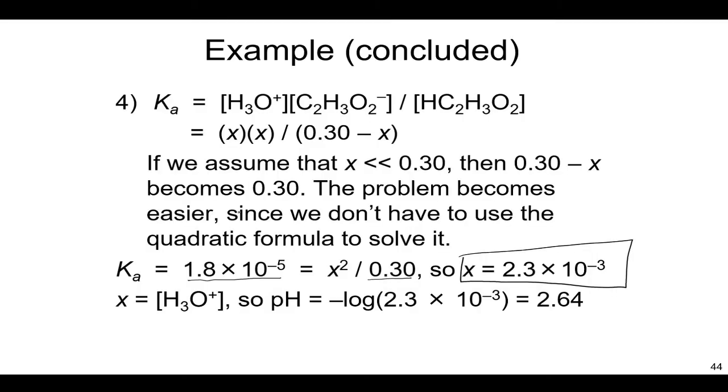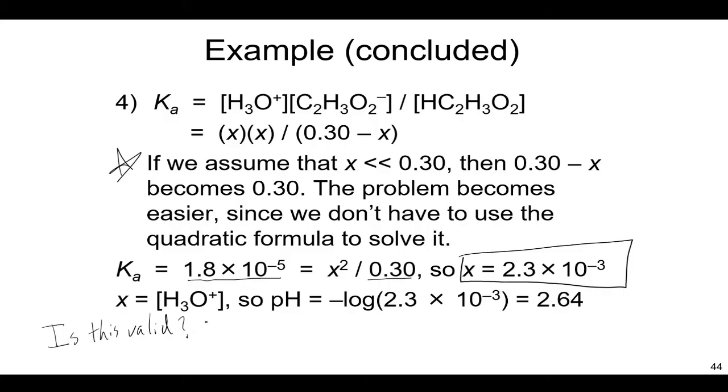Okay, now the rule here, right? This was using an assumption, okay? Is it valid? When is the assumption not valid? Okay, so we went through all this. We found our overall pH, but was this safe to do?